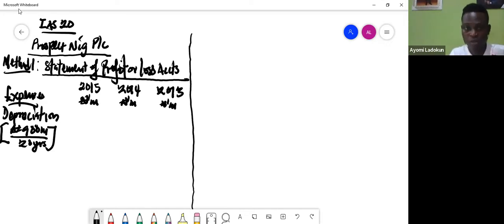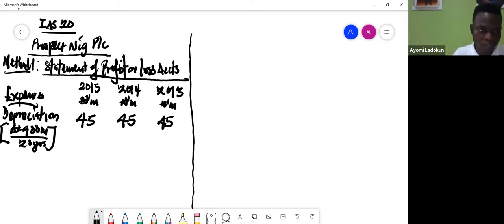Since we have used million, that means in 2013, I will charge depreciation of 45. I will charge depreciation of 45 every year. I'll be depreciating the asset for the next 20 years. How much am I going to charge? I charge 45. Then, after I've done that, I'll now come to my income.